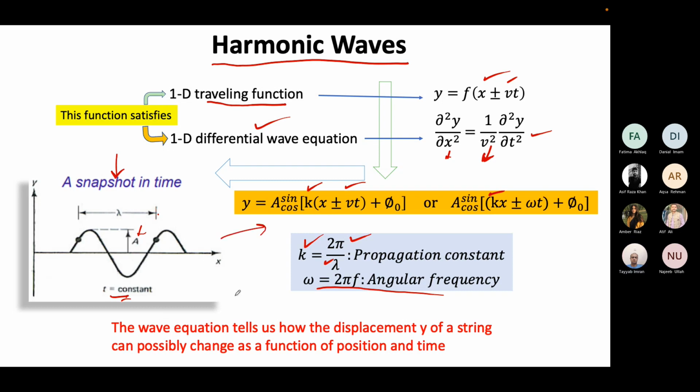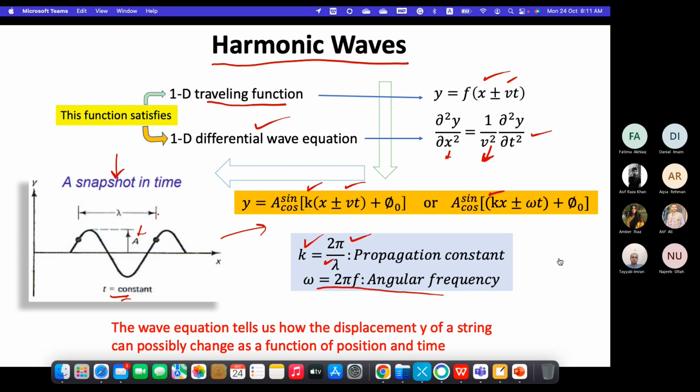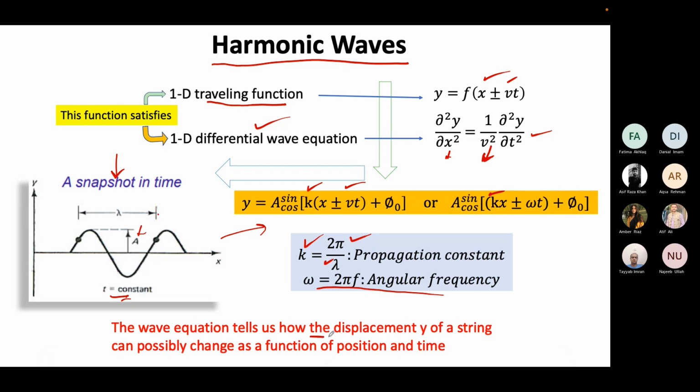And what's written in the red, what the wave equation tells us is how the displacement y of a string, let's suppose there is a string, can possibly change as a function of position and time. ठीक है.